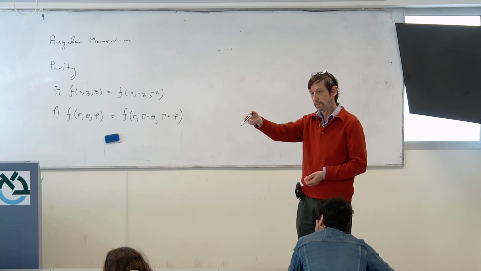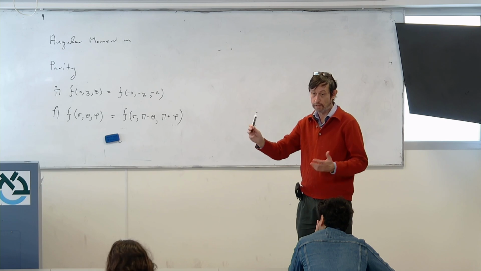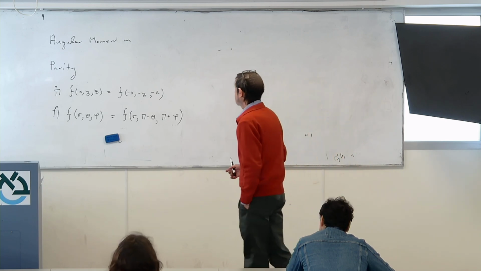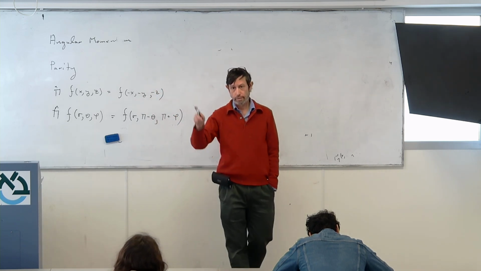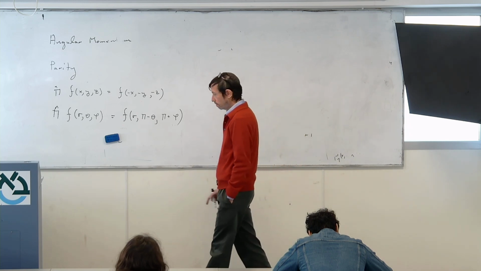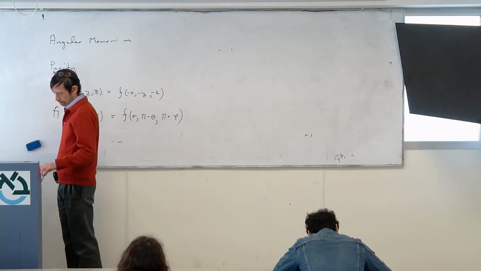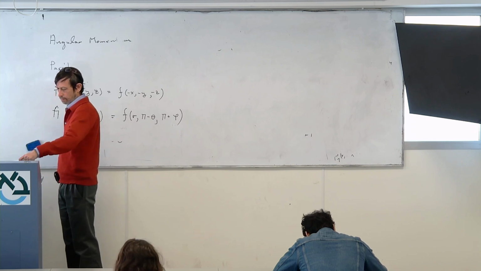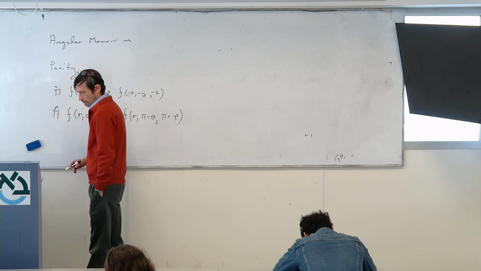Just flipping the vector according to r, theta, and phi. Because that's exactly what putting minuses gives us. So if I had something pointing here, I have now something pointing there. Okay.